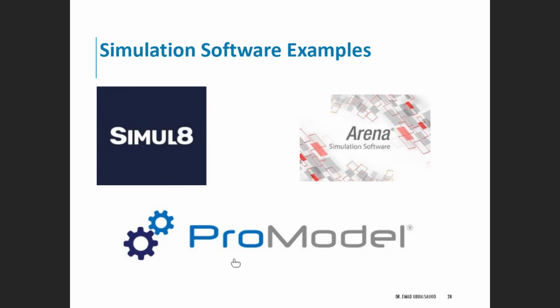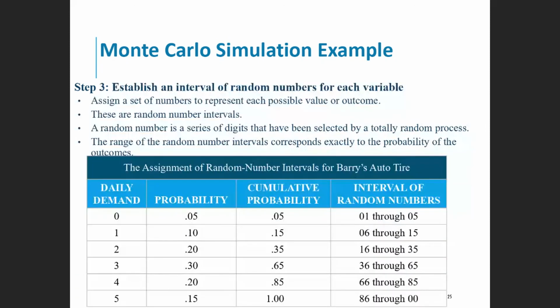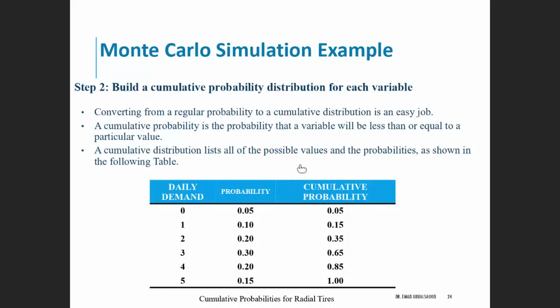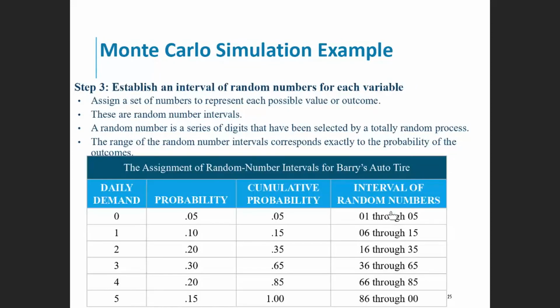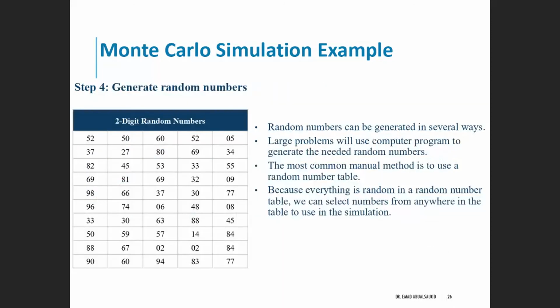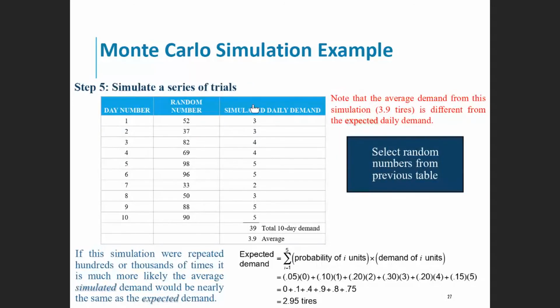But at this level of this course, you are just going to deal with the basic concept, a basic example of Monte Carlo simulation, by implementing those steps: from the probability of the variable, then the cumulative probability, then generating the random interval, and then generating the random numbers, and then running the simulation manually by calculating the simulated values for the variable, by taking either a portion of those generated numbers that's set already in the question, or it gives you the window to practice at any number you choose.